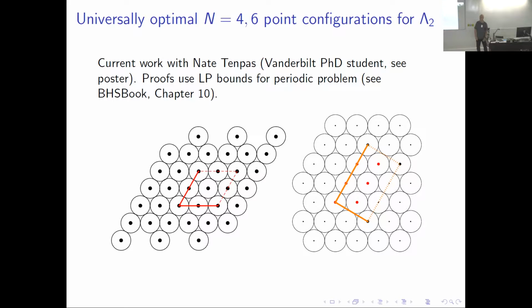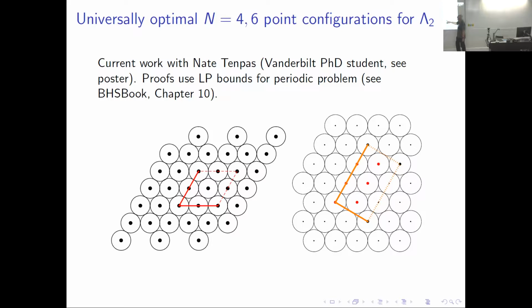Here are the 4. Okay, so we already talked about the 4. We're picking this sublattice. If you pick this rectangular sublattice, it in some ways simplifies the linear programming bounds, where the class of polynomials, the things that generalize the Gegenbauer polynomials that are used on the sphere, are simpler in this setting.